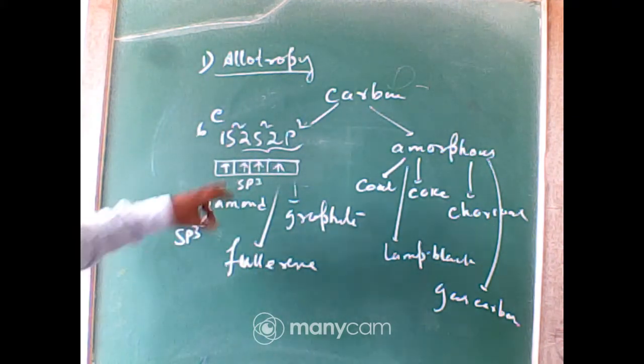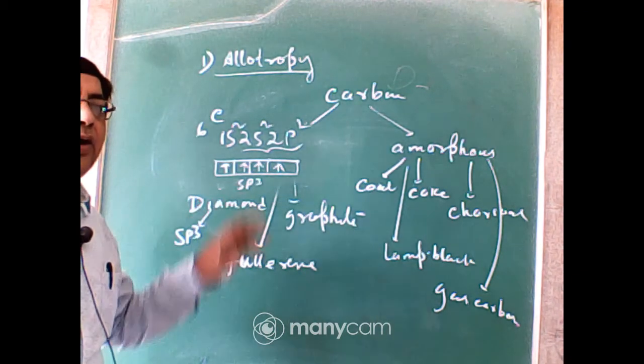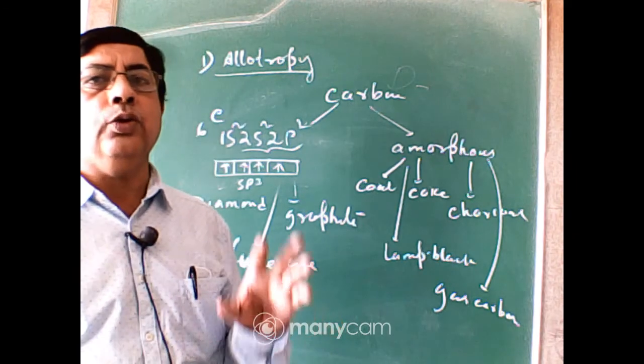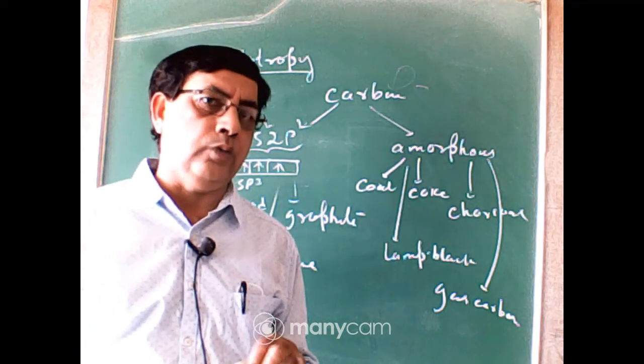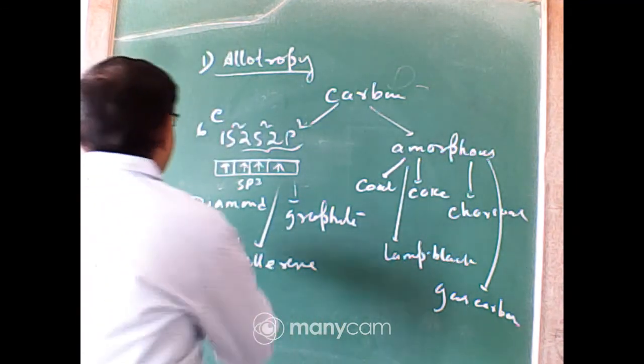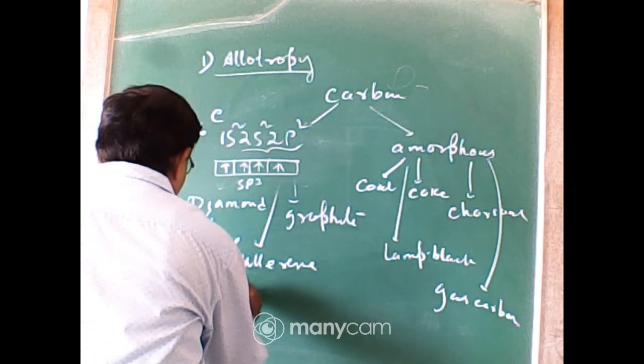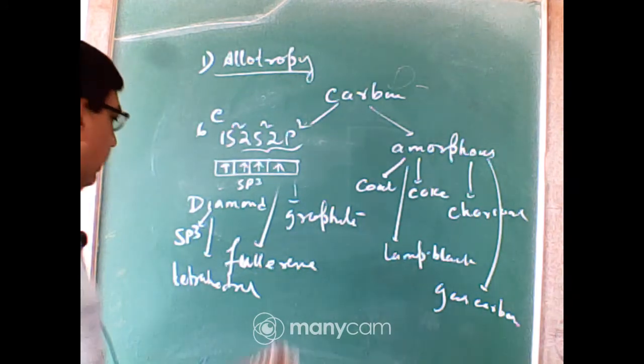These 4 half-filled hybrid orbitals of each carbon atom form 4 sigma bonds with 4 neighboring carbon atoms, and so the shape of the diamond molecule is tetrahedral.